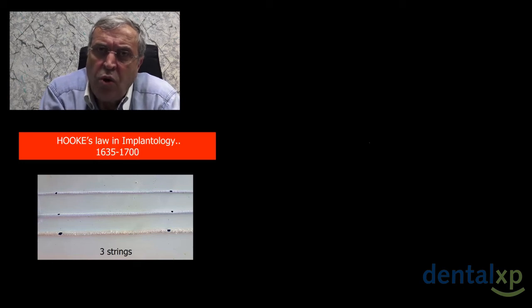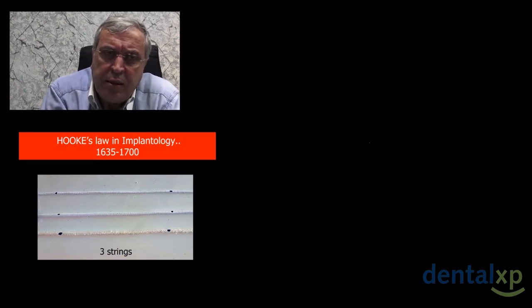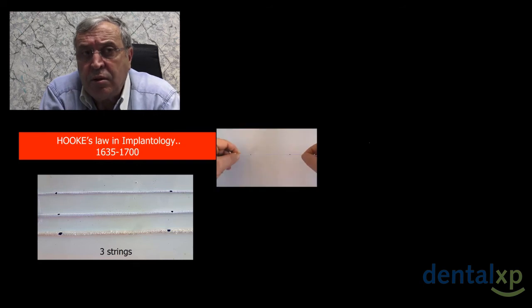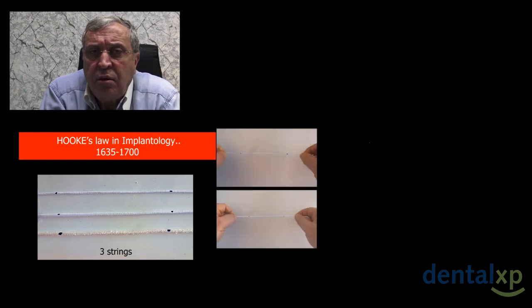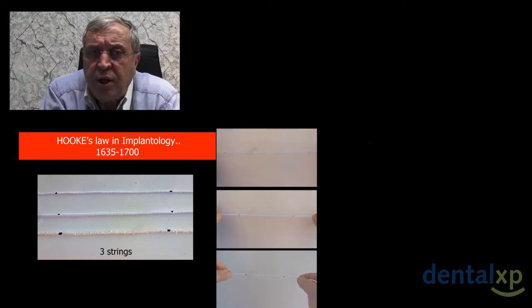To understand the Hooke law, I take a picture of 3 strings. And the first one is very flexible, you see? The second is less flexible. And the third is not flexible.